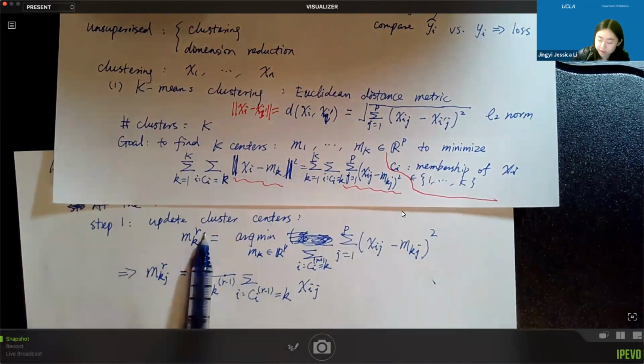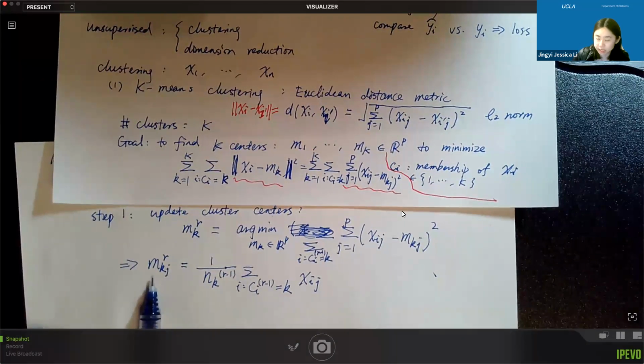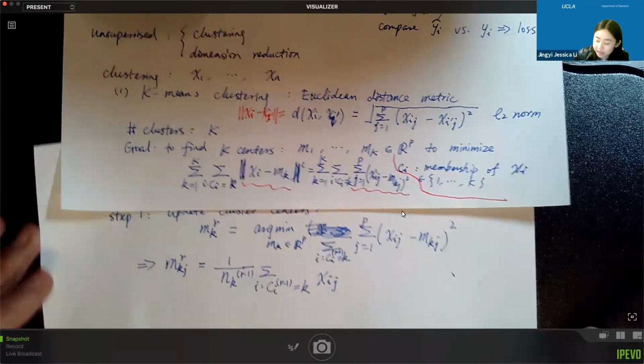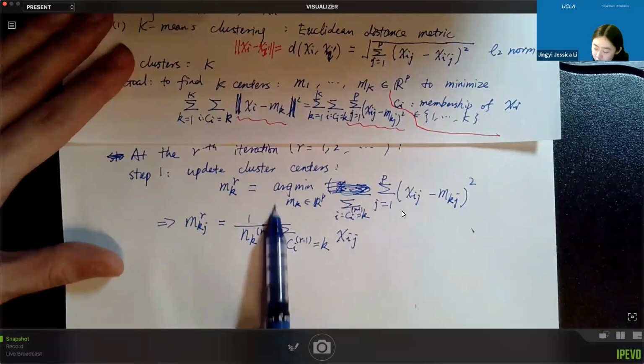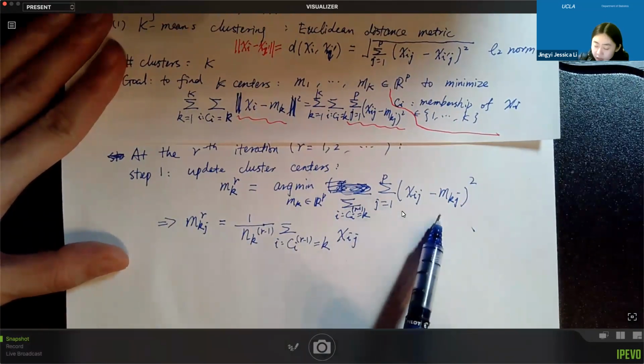So given the assignment, I update the centers just as the cluster means for each cluster. That's the first step. And you can see that this step is doing a minimization given the assignment.